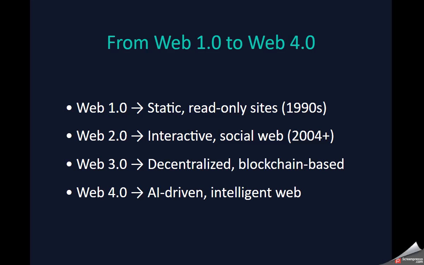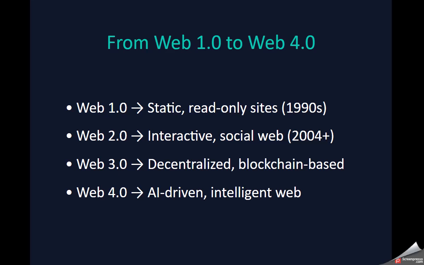It uses technologies like HTML, simple CSS, and early JavaScript. It was hosted on simple servers, mostly text, few images, and no video streaming. So it's very static, just read-only web pages.